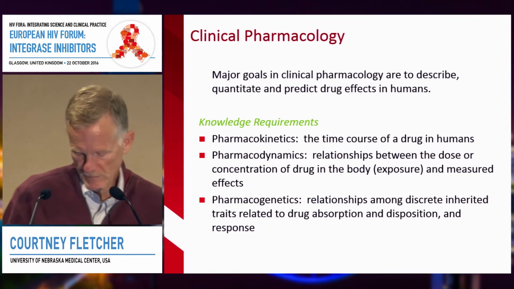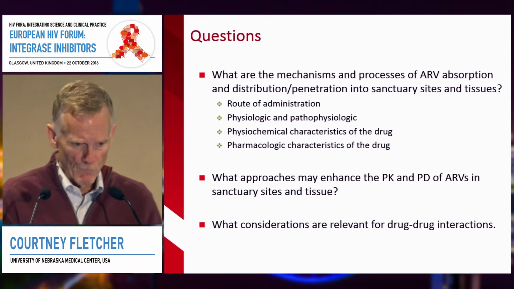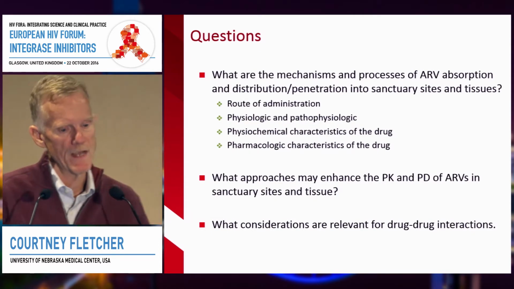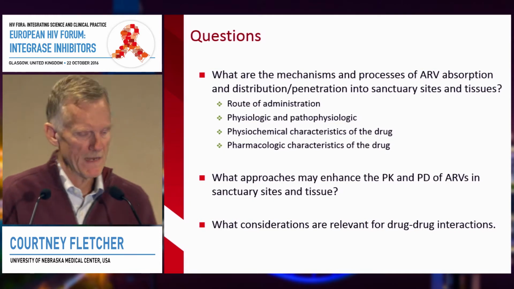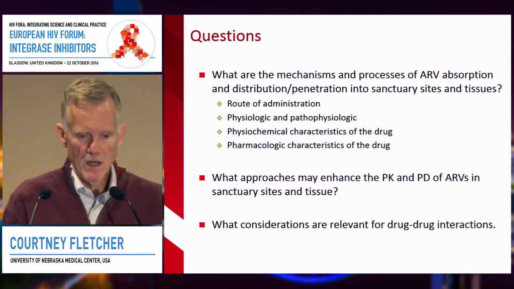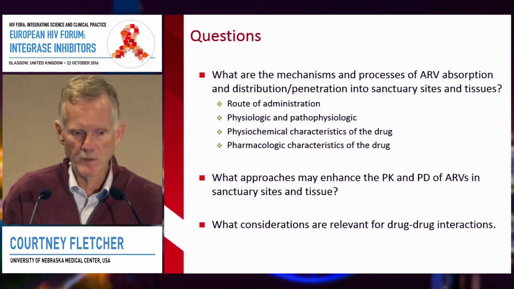And increasingly, pharmacogenetics is coming into play, those relationships between inherited traits, which can affect pharmacokinetics, and may also affect pharmacodynamics. So the questions that I'm going to try to provide some comments on are largely going to center on the field of pharmacokinetics.